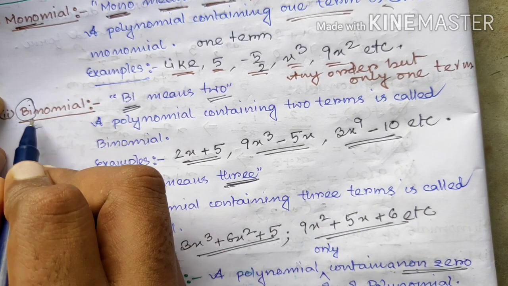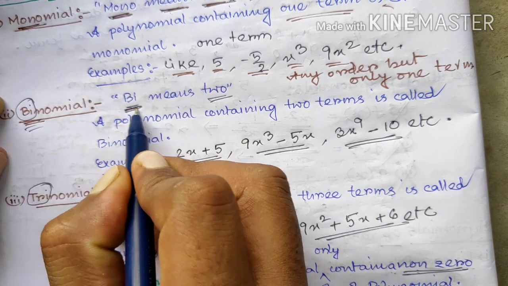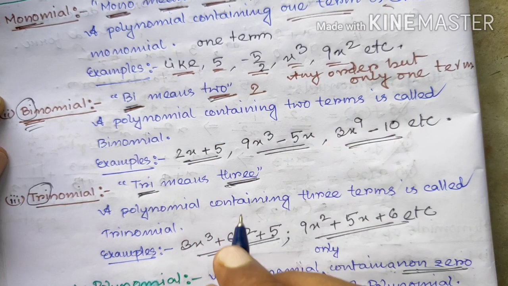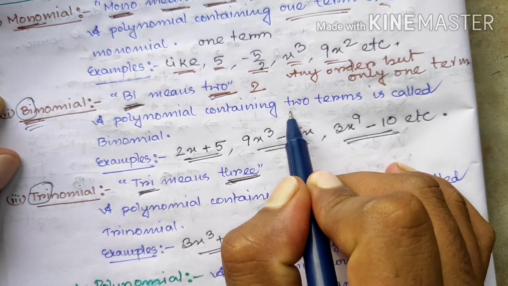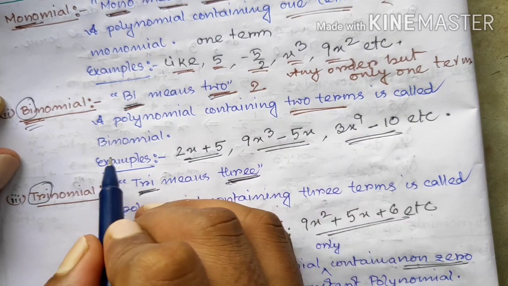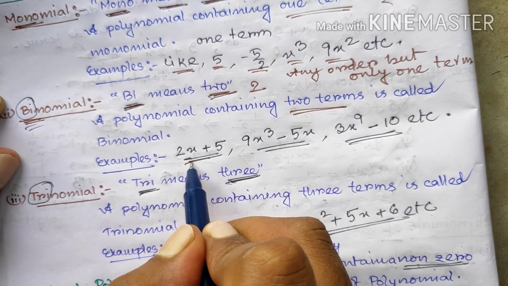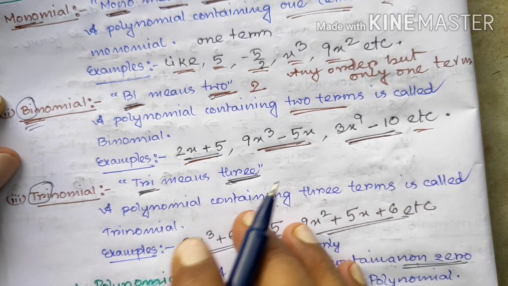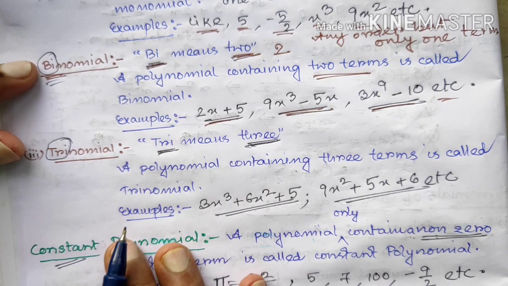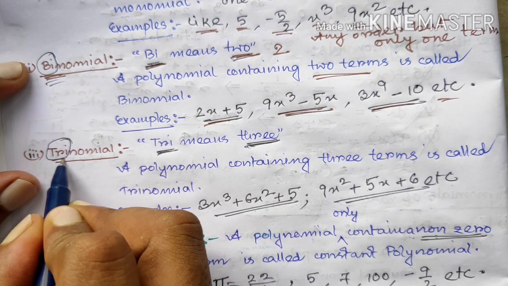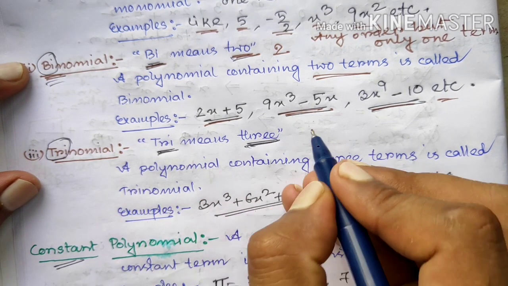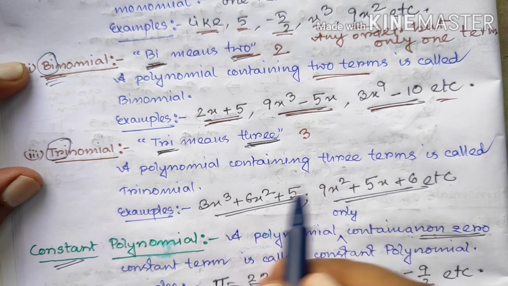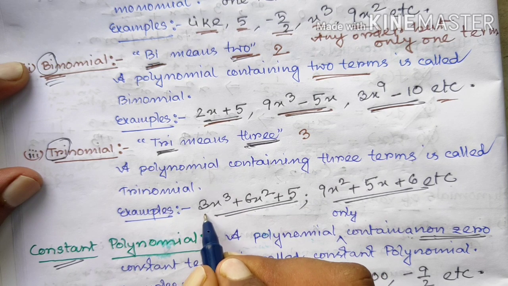Next, binomial. Bi means 2. A polynomial containing 2 terms is called a binomial. Examples: 2x + 5, 9x cube - 5x, 3x to the power 9 - 10, etc. Trinomial. Tri means 3. A polynomial containing 3 terms is called a trinomial.